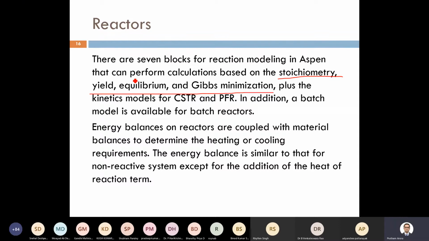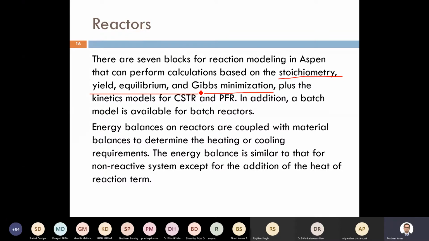Then equilibrium. If I have really no idea about what the reaction system is going to do, I would choose an equilibrium or a Gibbs reactor. I would give all the compounds, and the reactor is going to give me the equilibrium concentration. If this is the composition of compounds going into the reactor at this temperature and this pressure, I should expect this as an equilibrium concentration.